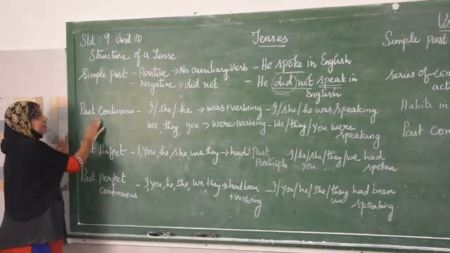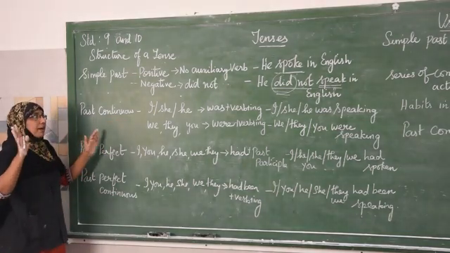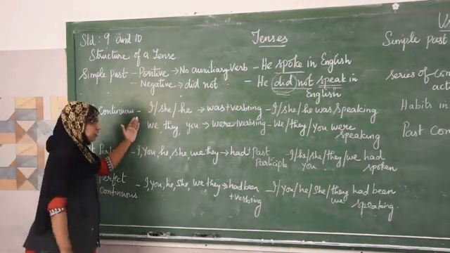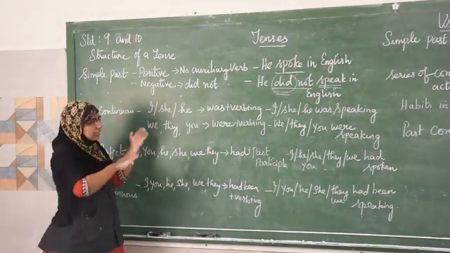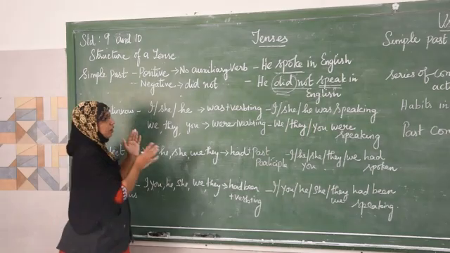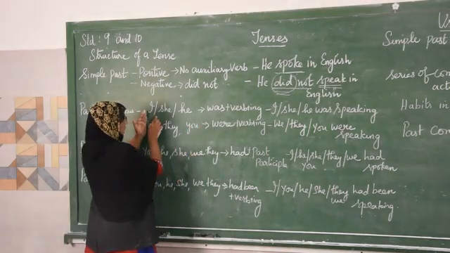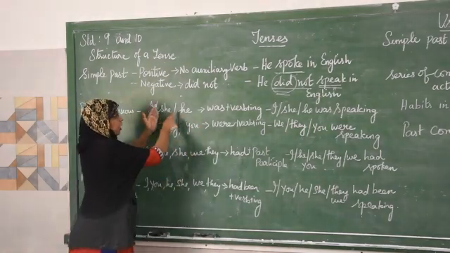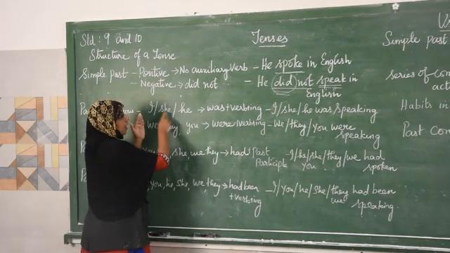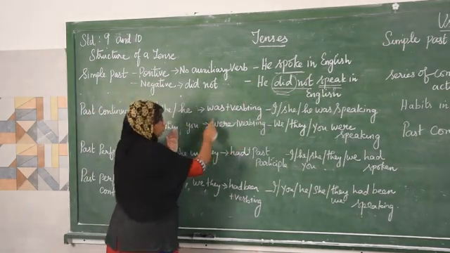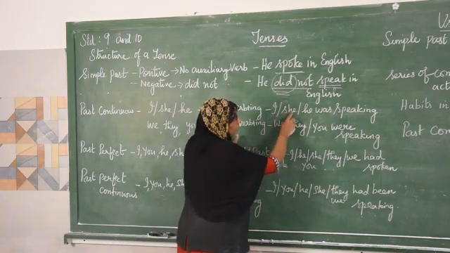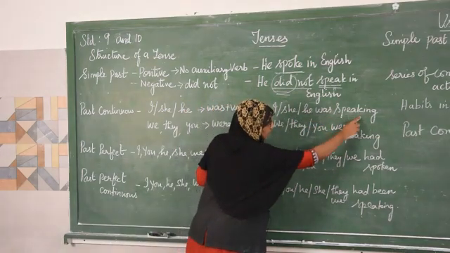Now next, past continuous tense. How to form past continuous tense? Whether it's first person, second person, third person, singular or plural, you have to add was or were. If you take I, first person, she or he, third person, you have to use was plus verb plus ing. So here, I, he or she was speaking.